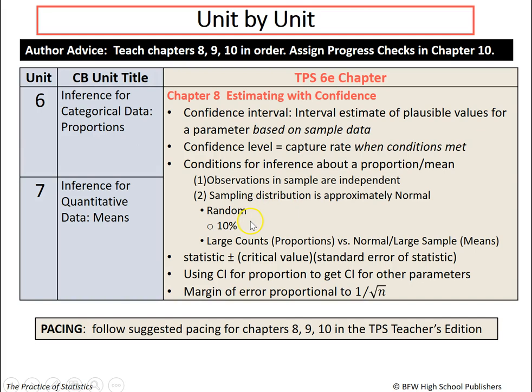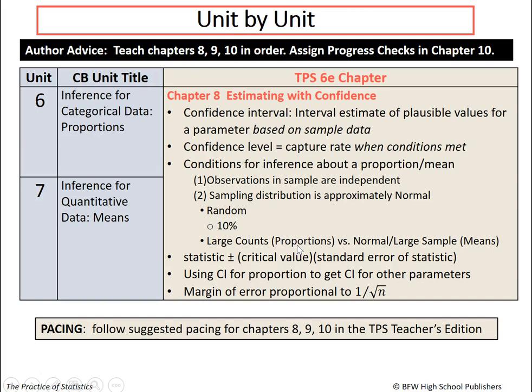Fortunately, the same three conditions that we've been checking in TPS are still applicable. The random data production, in this case random sampling, and the 10% condition when sampling without replacement. Those two are both critical for ensuring that the observations in the sample are at least approximately independent. And then to check that the sampling distribution is approximately normal, we use the large counts condition for proportions.